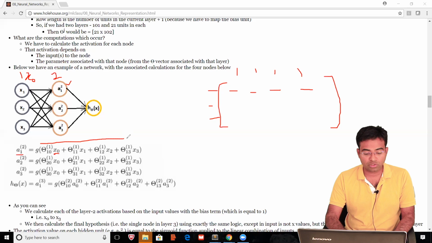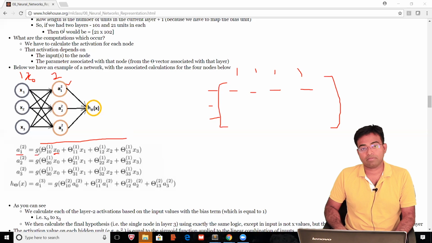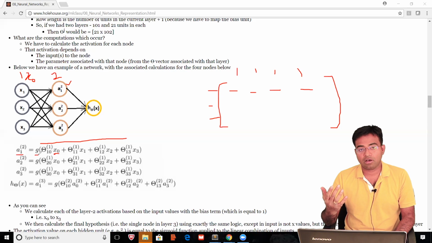Using the weights and the feature values, it computes the output value, and you can see this g over here. This g is known as the activation function. We'll discuss a lot about activation functions: sigmoid, ReLU, tanh, and many more.